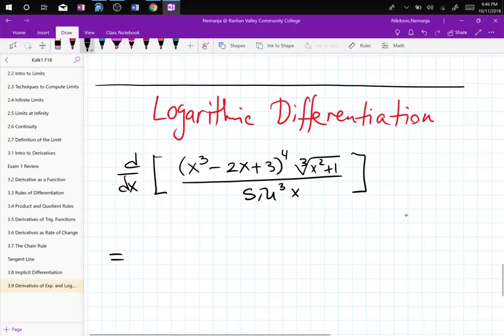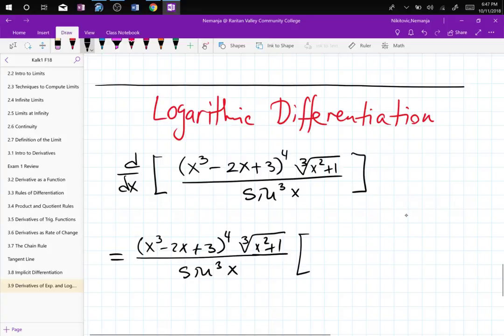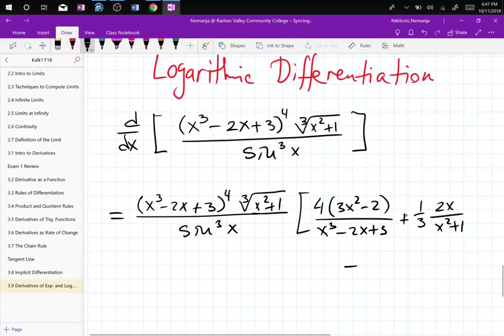Well, we copy everything as is, which is x cubed minus 2x plus 3 to the 4th, times the cube root of x squared plus 1, divided by sine cubed x, times another part that we would have to learn how to get, and that part is going to be 4 times 3x squared minus 2 divided by x cubed minus 2x plus 3, plus 1/3 of 2x over x squared plus 1, minus 3 times cotangent x.